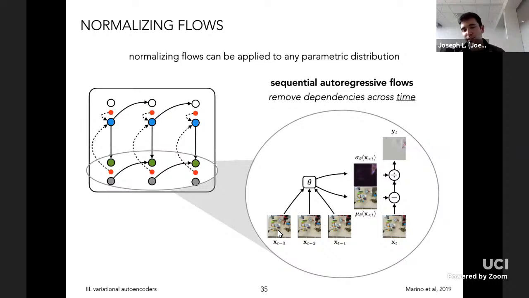So you can think of this as taking the past three inputs, forming your best mean and standard deviation predictions, and then applying this invertible mapping to get out a new variable which has removed a lot of the redundancy in just the spatial appearance or temporal aspects of this scene that's coming in. And in a paper last year, we showed that this results in improved performance and generalization of these types of models. So this is also quite related to the predictive coding models that we saw before, but now applied across time.